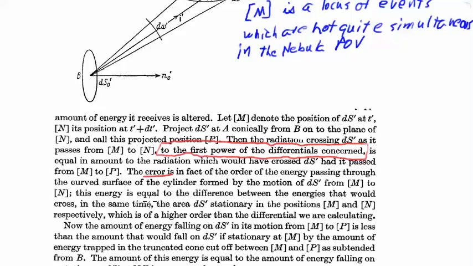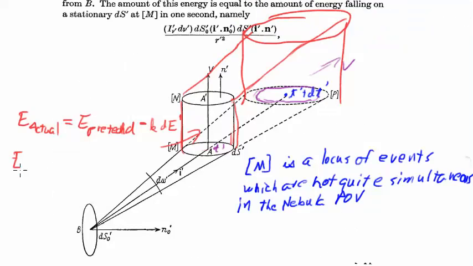And this energy is equal to the difference between the energies that would cross in the same time the area ds prime stationary in the positions m and n respectively. So he's imagining E at m stationary versus E at n stationary.